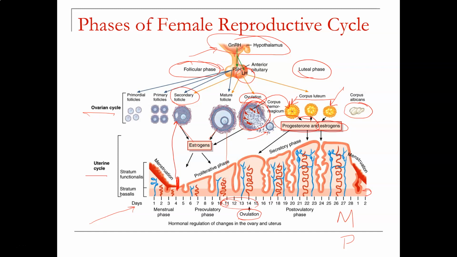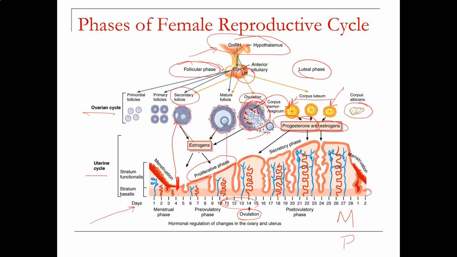One of the main target cells for estrogen are these endometrial cells. So estrogen binds to them, and what does it cause? It stimulates them to divide by mitosis. So you start to see the endometrium getting thicker and thicker. See how much thicker the light part's getting? We call that the proliferative phase. Proliferation just means grow.